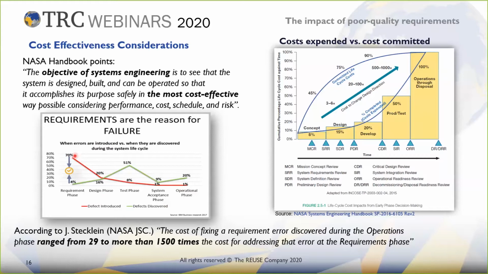So 70% of the defects are introduced at the beginning, while in later phases there is lower introduction. But at the same time, if you see the green line, the detection of those defects is not in the earliest stage, but later in the test phase and at the end in the operational phases.